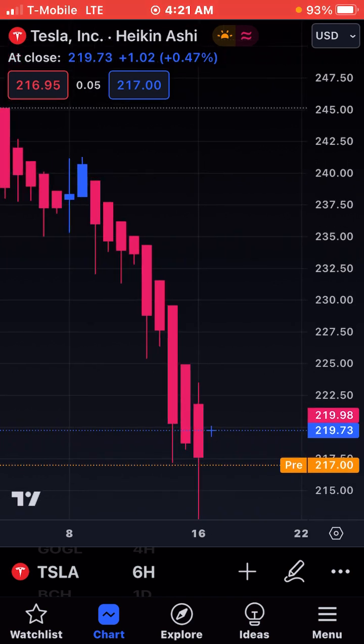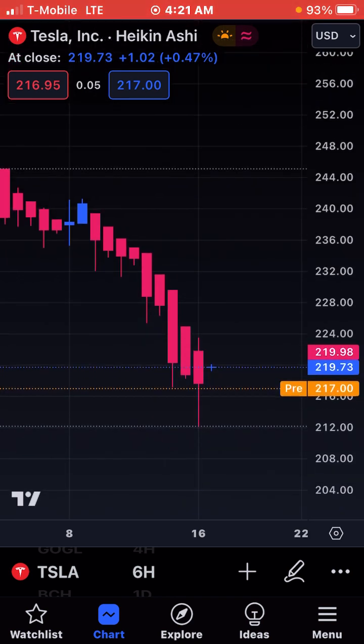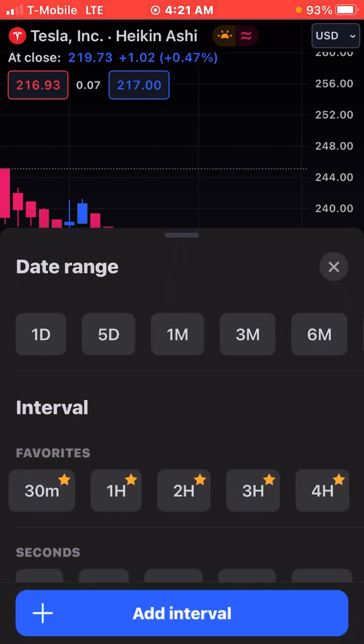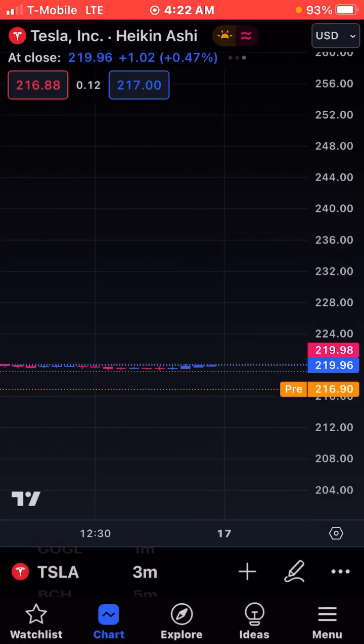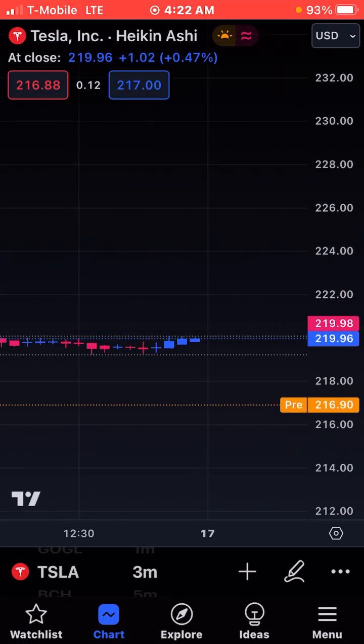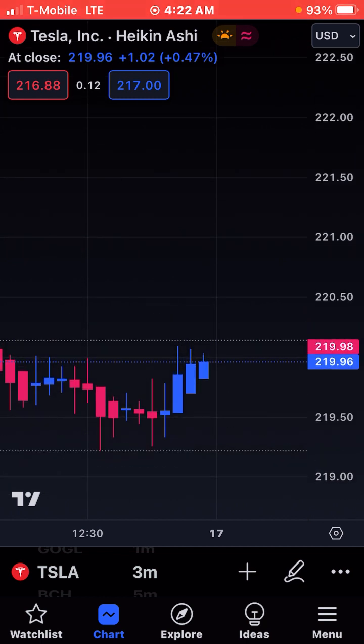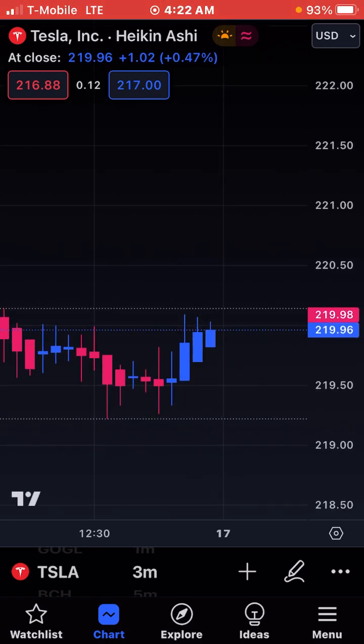So what we would do here, and the only way to make profit right now, if it continues to go down, is to do option contracts. But let's just look at this real quickly. The trend is going down, so what we want to do is go to a shorter time frame, 3 minute. And you want to wait for the candles to get weaker on the uptrend. You want to see that it's getting weaker.